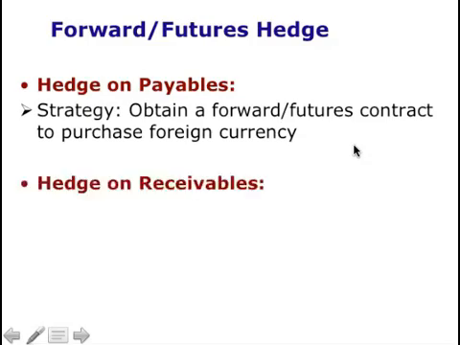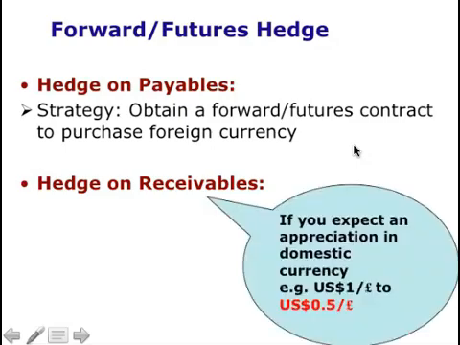However, if you have another situation where you have receivables, so when you export your goods and services, you expect to receive payment. And at the same time, let's say through your forecast, you find that there will be an appreciation in the domestic currency.